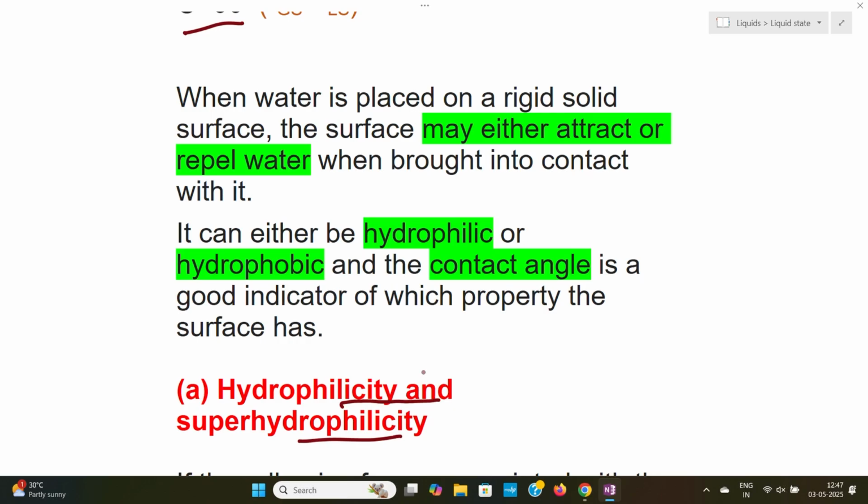If the liquid molecules do not have that much attraction towards the solid surface, or they have repulsion towards it, we can say that the surface is hydrophobic. Everything depends on the attraction and repulsion between the solid surface and the liquid molecules.